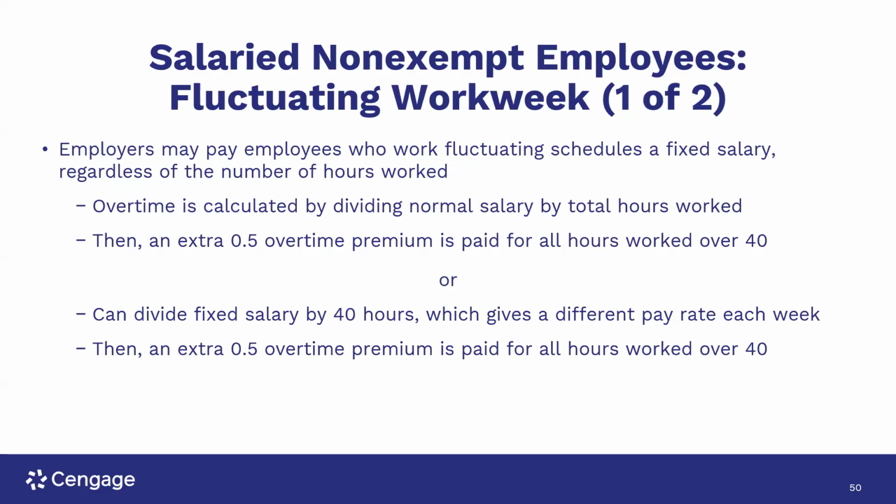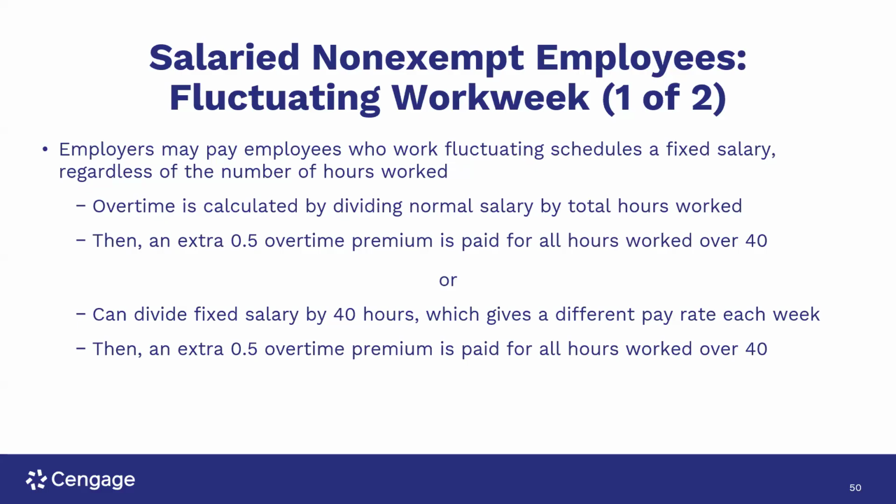And this really is just how to calculate this to make sure that the employee is making a fixed salary, regardless of the number of hours worked. In this particular case, some employees need to be paid like that. So just taking another look at this, if the overtime is calculated by dividing the normal salary by the total hours worked, then an extra time and a half premium is applied.